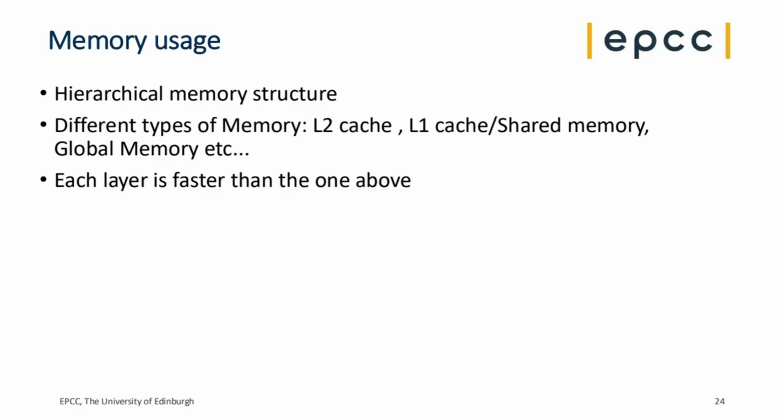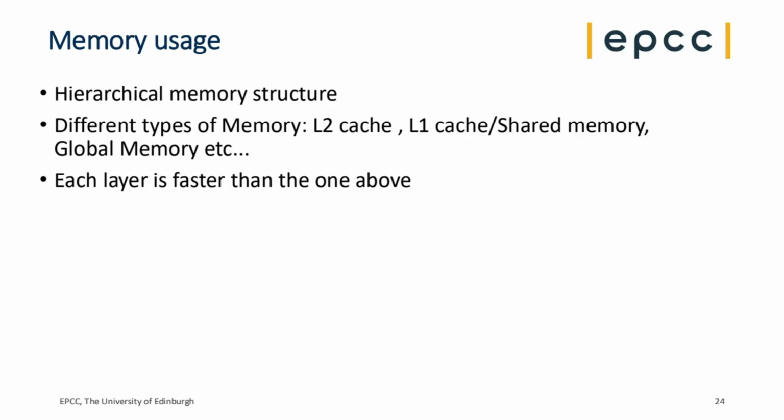So within the memory on the GPU, you have a structure. You have global memory, which tends to be tens of gigabytes, or maybe over 100 gigabytes for the very latest versions of GPUs that are on the market.